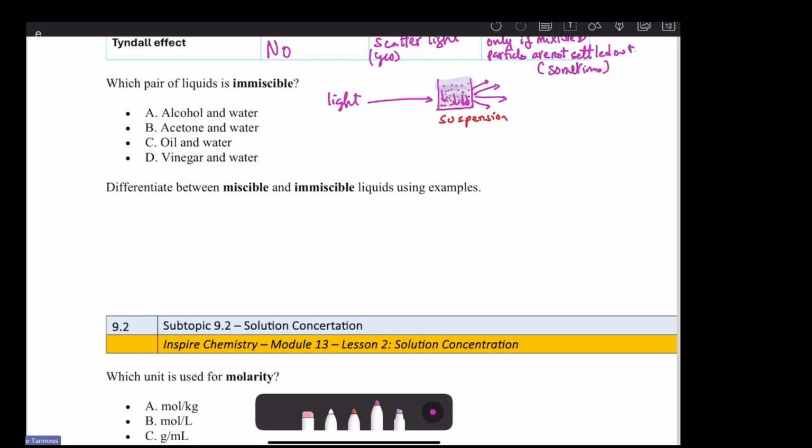If they have the same polarity, I mean if both of them are polar or both of them are non-polar, the liquids can mix. If not, they cannot mix. Yani, one is polar, one is non-polar, they cannot mix.